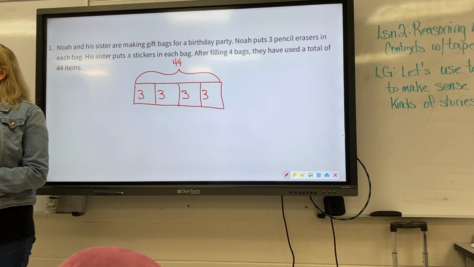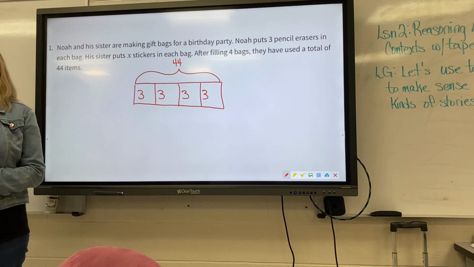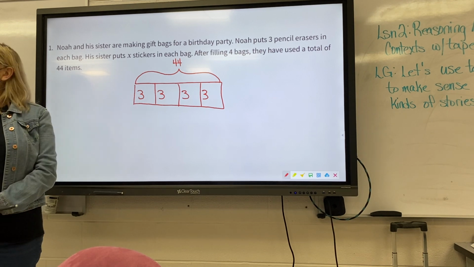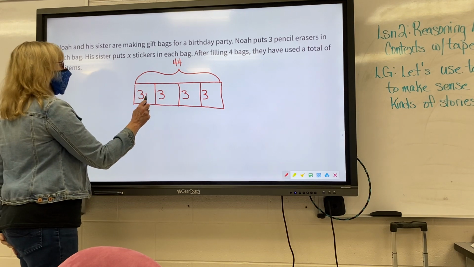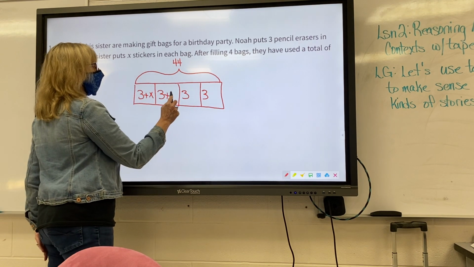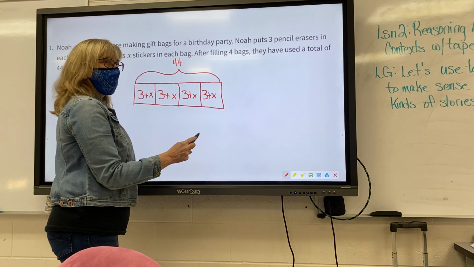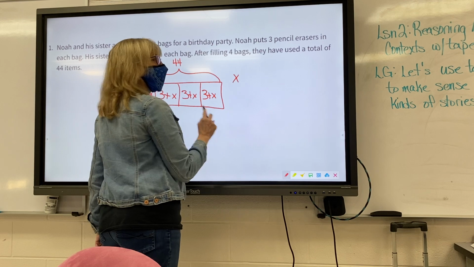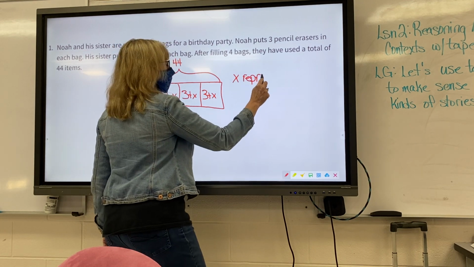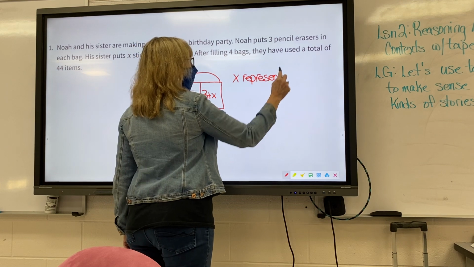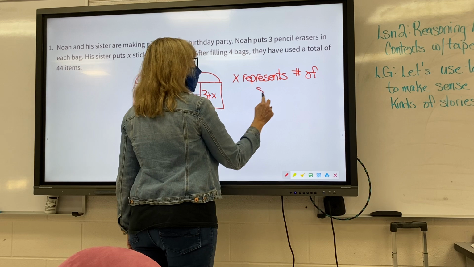His sister put X stickers in each bag. We don't know how many stickers she put in each bag. So does that get added to the 3 in every bag? Yes. So we're gonna put plus X, plus X, plus X, plus X. Then we're gonna come over here on the side and we're gonna say X represents the number of stickers.